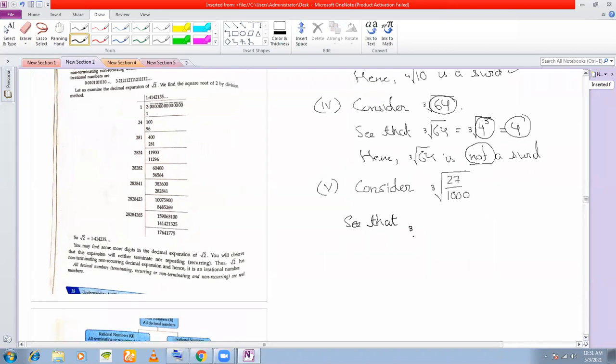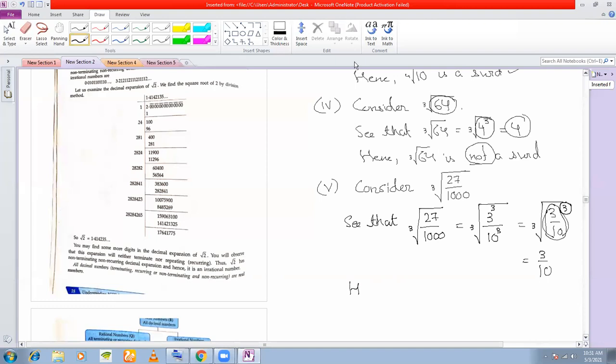You see that cube root of 27 by 1000 can be written as cube root of 3 cube in the numerator. 27 is 3 cube, and 1000 can be written as 10 cube. So this is cube root of 3 by 10 whole cube. So what you see here is that the cube root of 27 by 1000 has been written as the third power of a rational number 3 by 10, which is equal to 3 by 10.